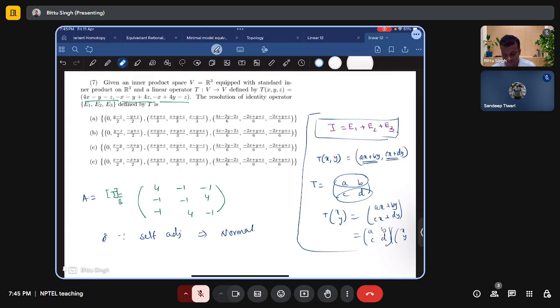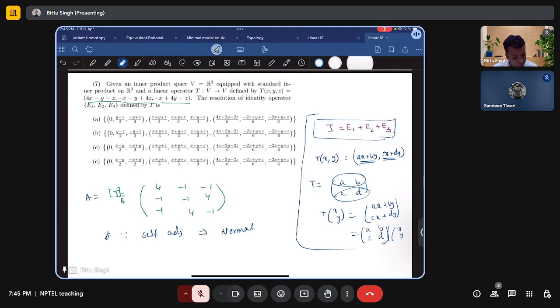So, which option is correct? A, B, C. Maybe this is actually D. So D is correct, right? First one was this, second one is this, and third one 4 minus 2 minus 2. Yes.